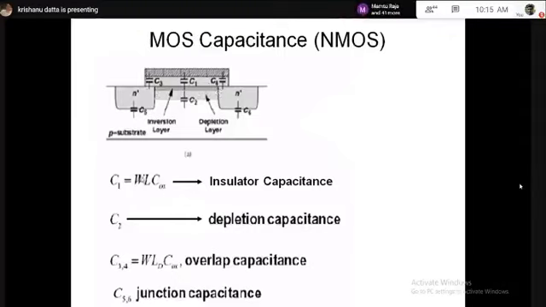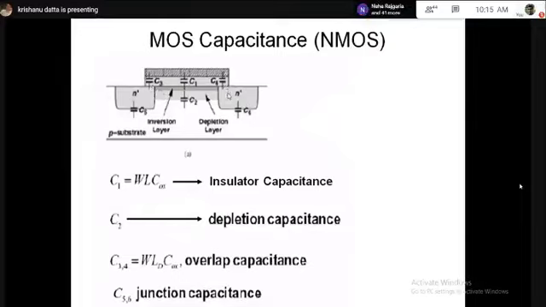Now there are two more capacitances, C3 and C4. If you see from the structure, C3 is formed due to overlap between source and gate. C4 is formed due to overlap between drain and gate, and obviously there is an insulator in between. So C3 and C4 are nothing but insulator capacitors only. So the equation for C3, C4 will be W LD into Cox.